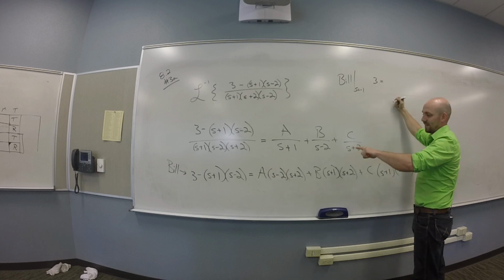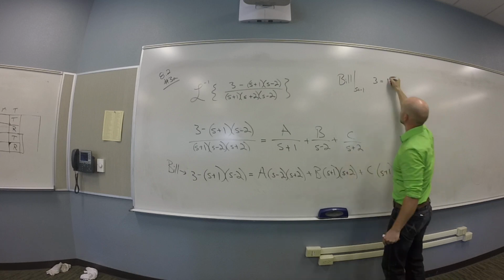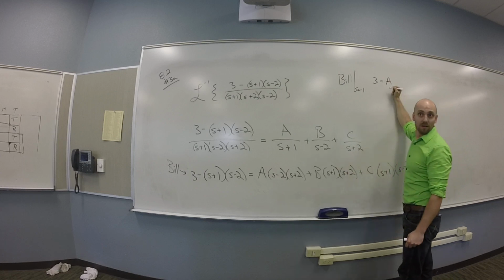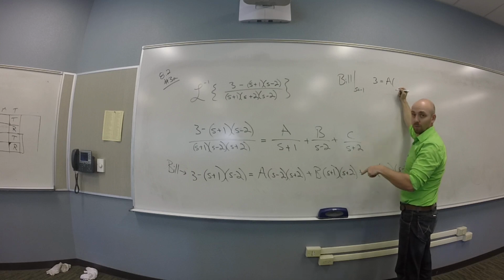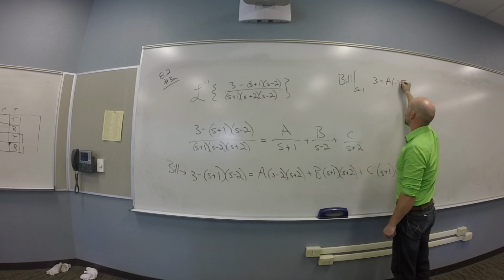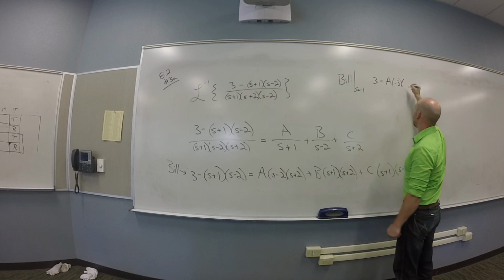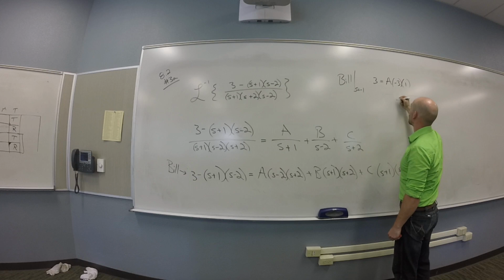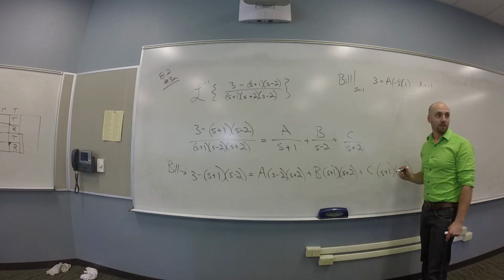So you get 3 and 0 and 0. So I just get A times minus 1 minus 2, which is -3, and minus 1 plus 2 is 1. So A is -1. Check.